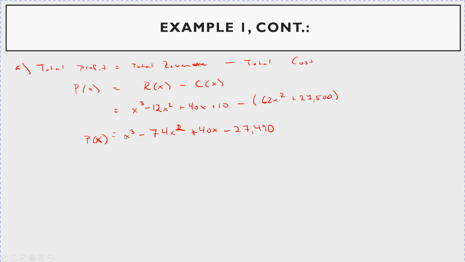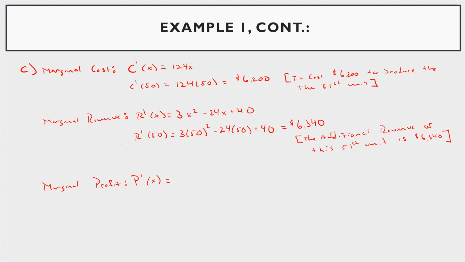So it's going to be 3x squared minus 148x plus 40. Now we plug in 50 here. And when you do, you end up just getting the difference of these two. If you just plug it into your calculator, you get 140.